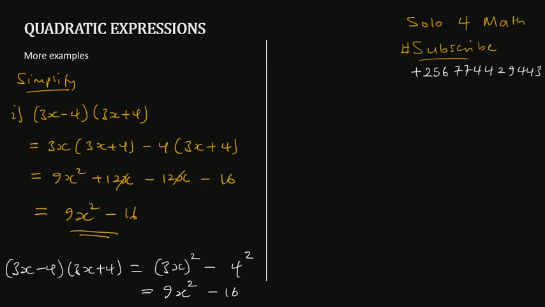Alright, let's look at another example here. If we have 5x minus 3 squared, we also looked at an identity about this, that if you have a plus b squared, then this one is the same as a squared plus 2ab plus b squared.